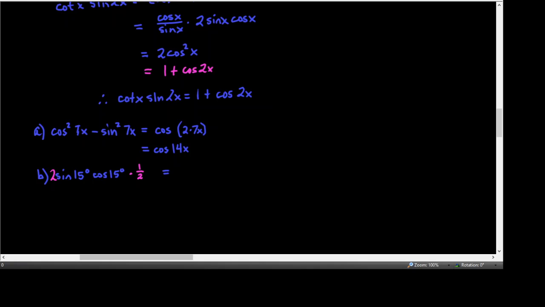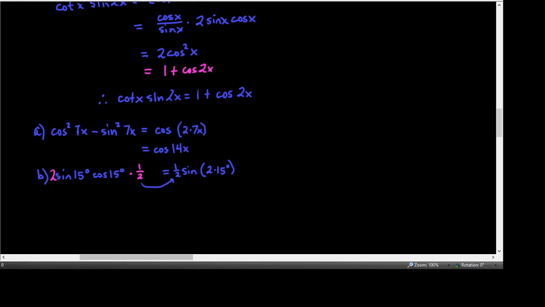So that the 2 sine a cosine a becomes the sine of 2a, and a here is 15 degrees. But then don't forget to multiply that by 1/2, which should be out in front. So that 1/2 goes there.